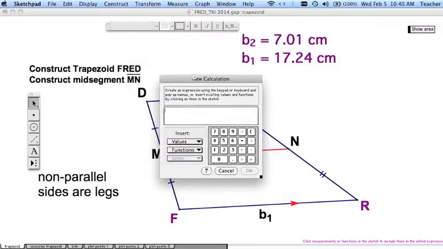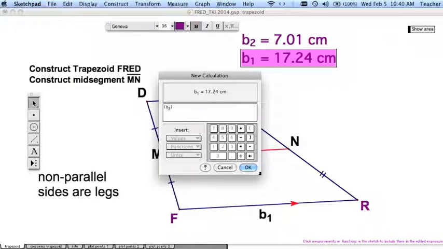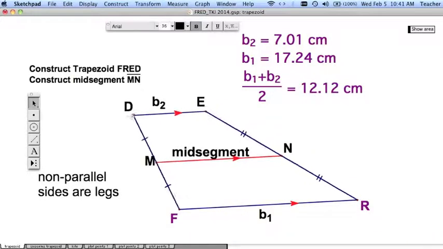Put in the left parenthesis, B1, plus, click on the B2, right parenthesis, divide by 2. And that's going to give you the average of these two bases.